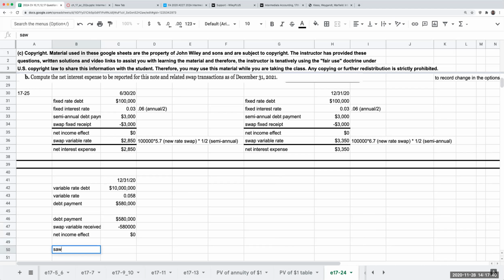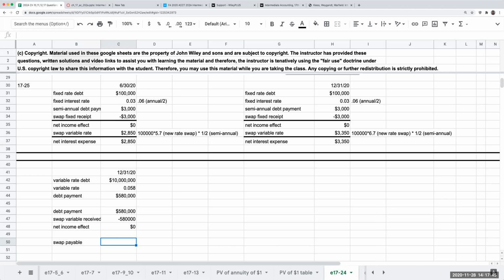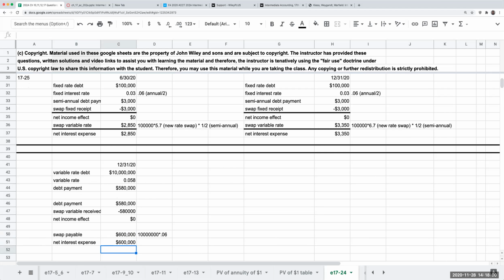And then my swap payable is going to be 10 million at 6%, or 600,000, so the net interest expense is going to be 600,000.